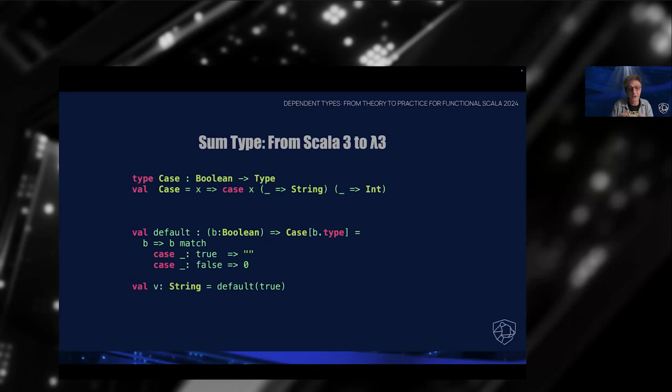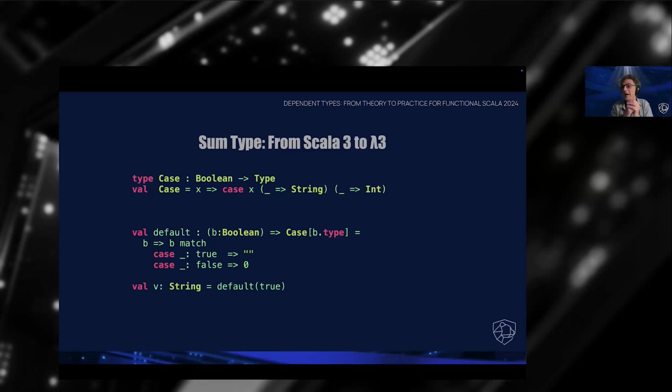And the expression is: I'm waiting for X, a Boolean, and depending on the value of X, if X is true, I'm returning a string, and if X is false, it's an int. But here the main difference with Scala is that X is the expression true, not the type true. So here we see that the expression is directly used.